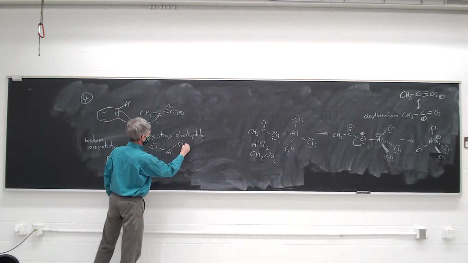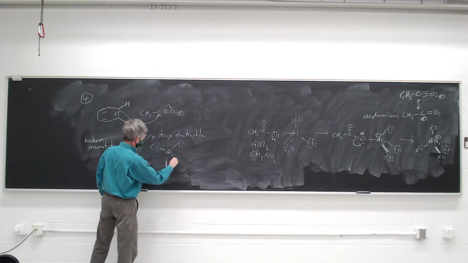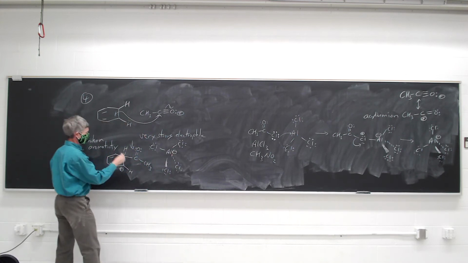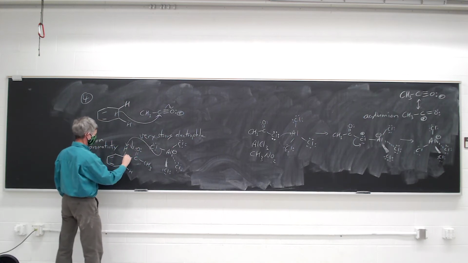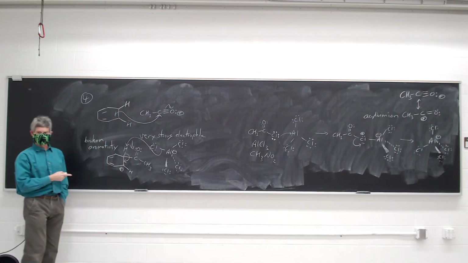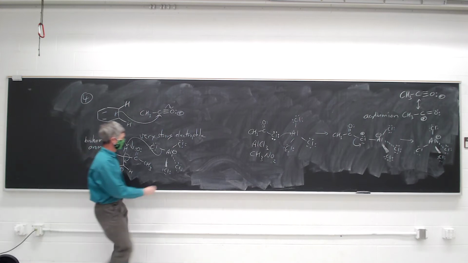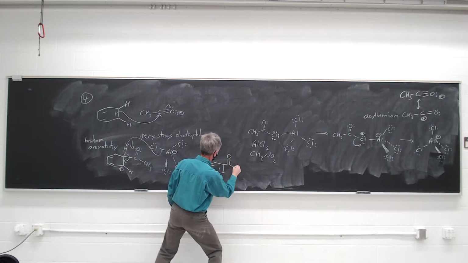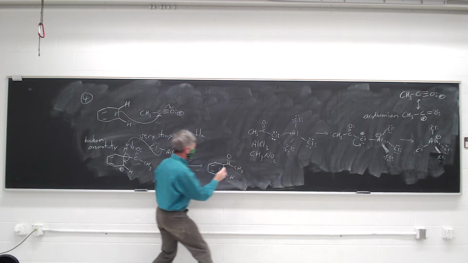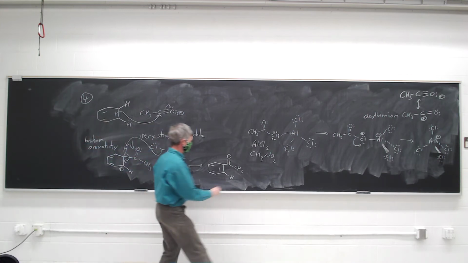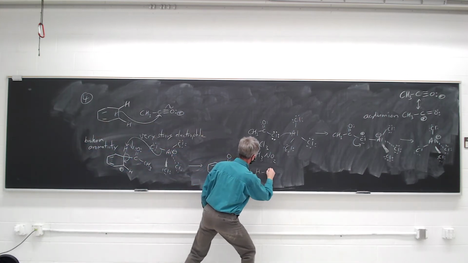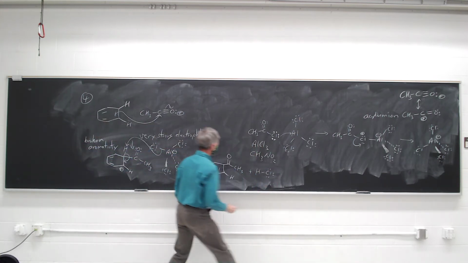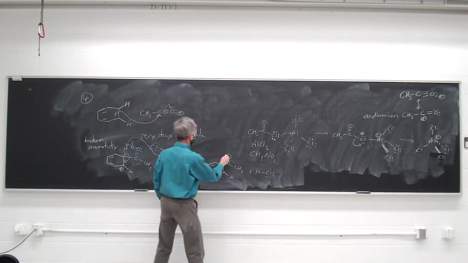One of those chlorides will come off and grab that hydrogen and return that pair of electrons to the aromatic ring, giving the product, plus HCl, and regenerating the aluminum chloride.